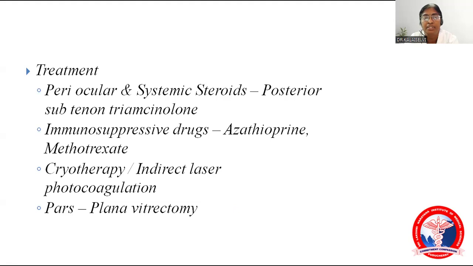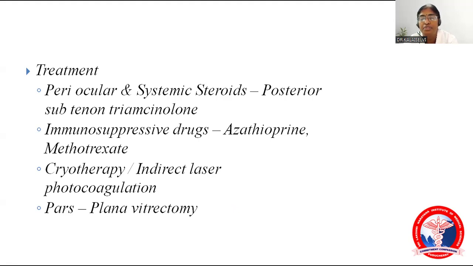As for the treatment of the inflammation, steroids are the mainstay of treatment. Topical steroids are not much help, as topically applied steroids will not reach the site effectively. So periocular steroids in the form of posterior subtenon triamcinolone are usually given, and systemic steroids are also required.